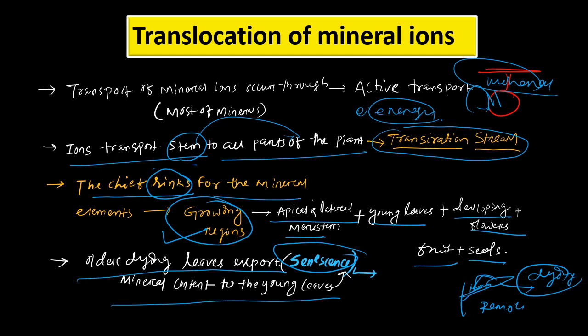In the normal concept, senescence is one type of cell death during which nutrients are removed or remobilized to the other parts, so those parts survive.